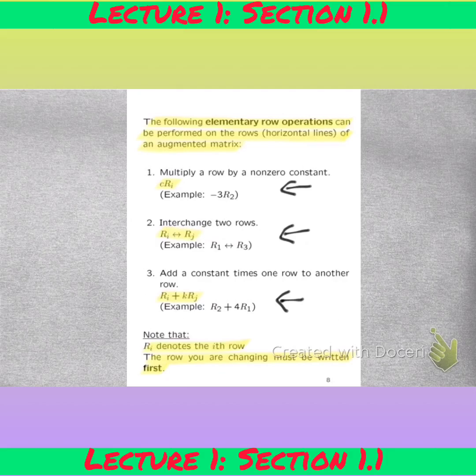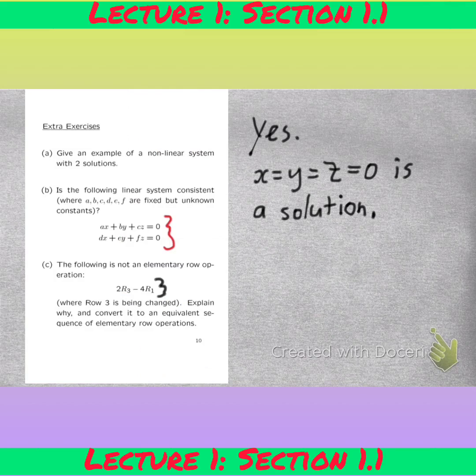In each instance, I'm only doing one operation at a time, because in each instance I'm changing exactly one row. But this one is not an elementary row operation because I'm performing two operations in one. I am multiplying the third row by 2, and then adding negative 4 times the first row. So that's clearly not an elementary row operation.